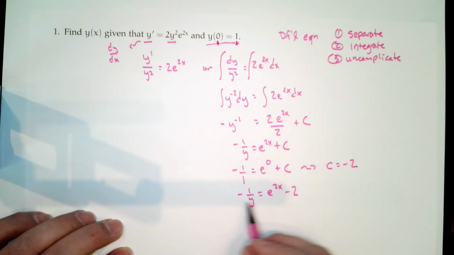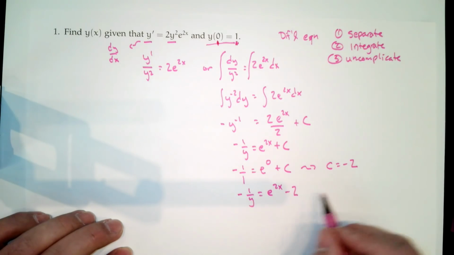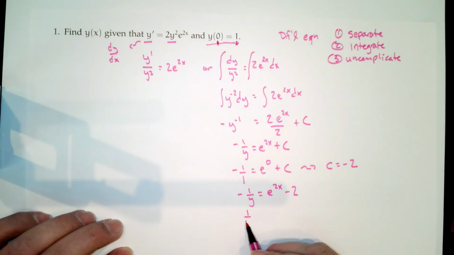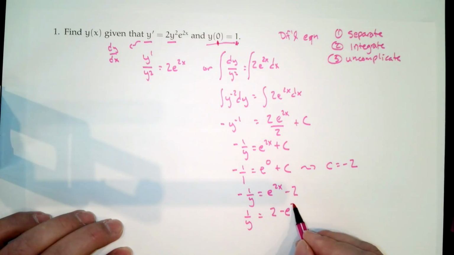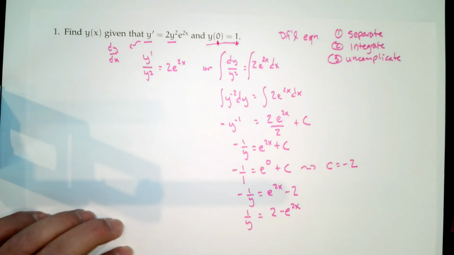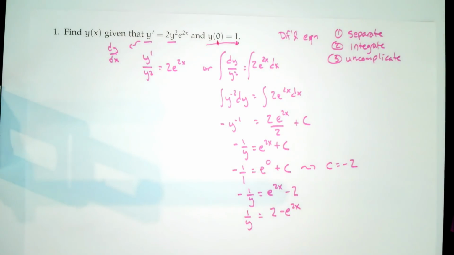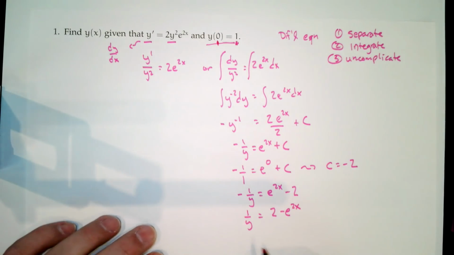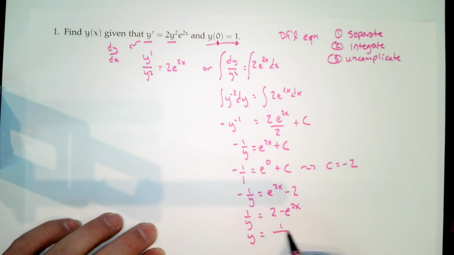I'll multiply both sides by a minus, because I don't like that minus there. 1 over y is equal to 2 minus e to the 2x. And now I can flip both sides. Because when it says solve for y, find y, it literally says I want to get down to a single y. So flipping, we get y is equal to 1 over 2 minus e to the 2x.